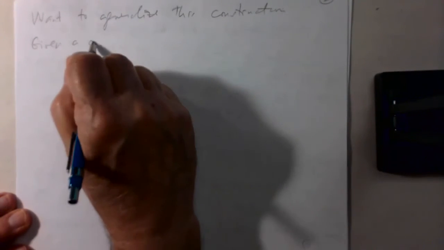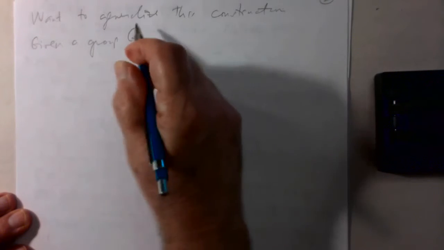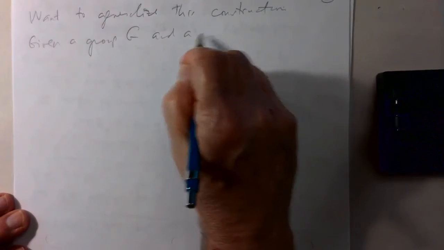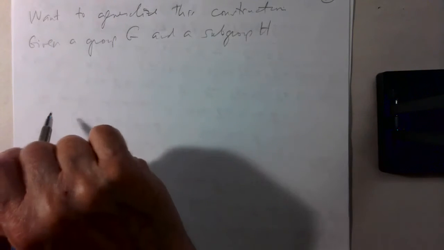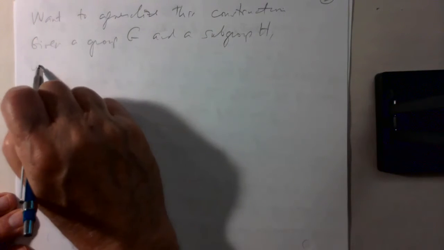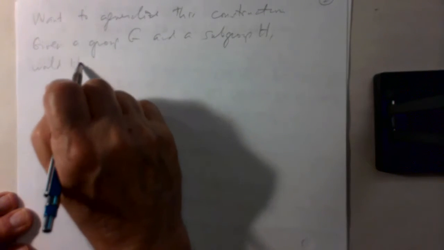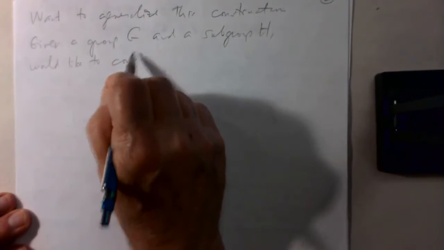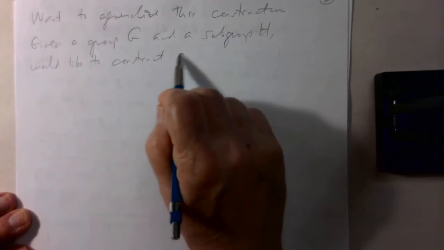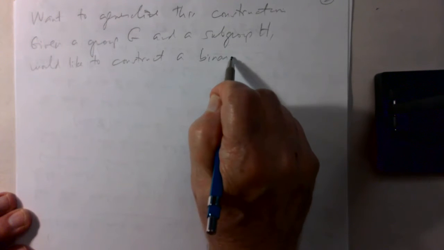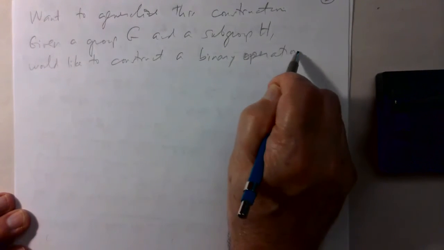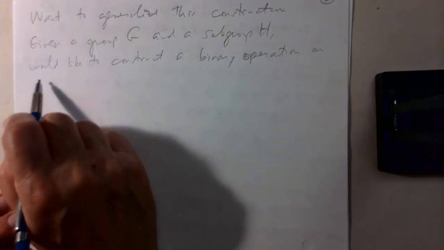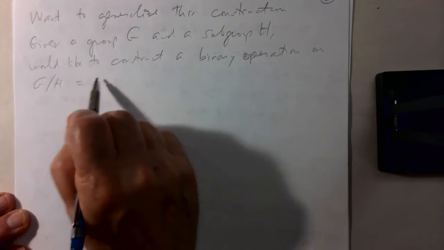So if we're given a group G, like the integers, and a subgroup H, like the multiples of 9, we would like to construct a binary operation, a multiplication, on the left cosets.